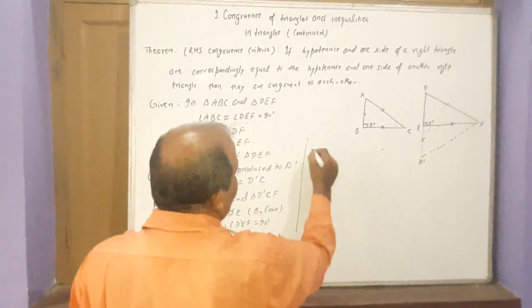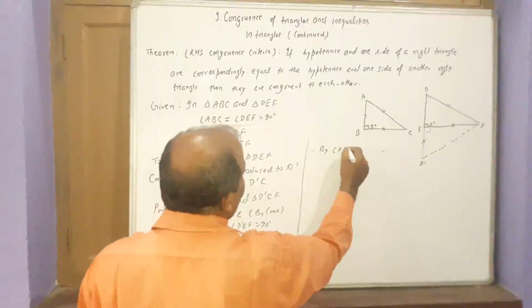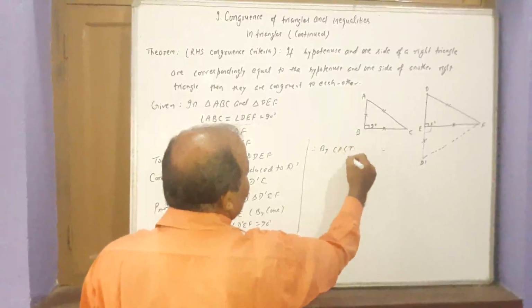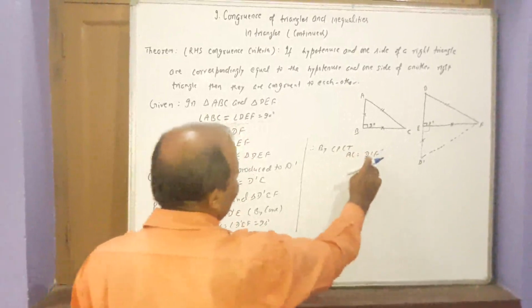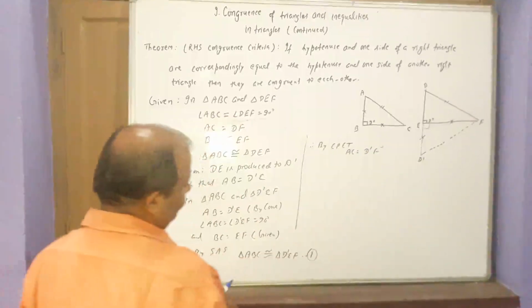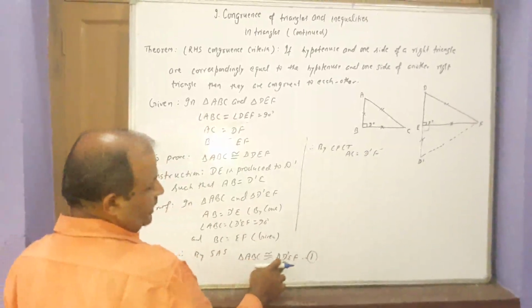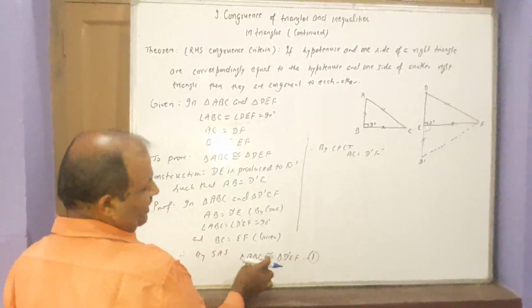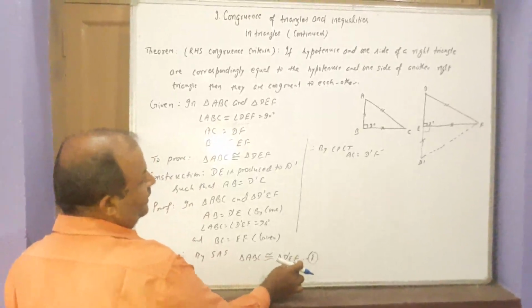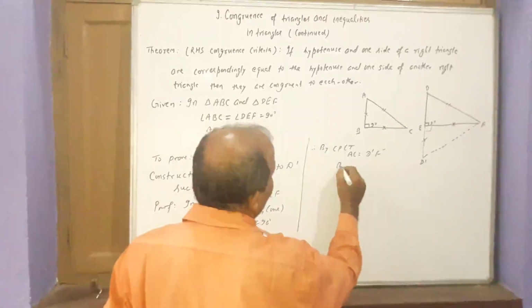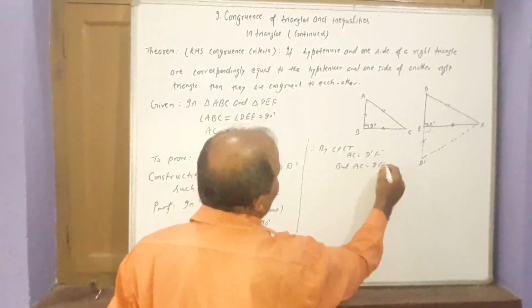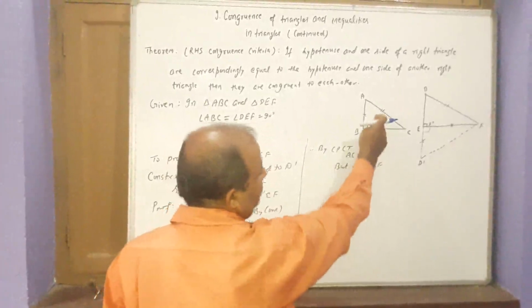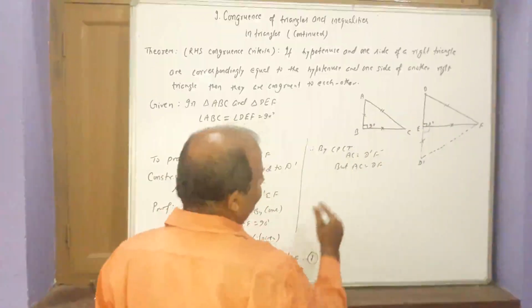Now, therefore by CPCT, AC will be equal to D dash F. See here, AC, D dash F. First and last, first and last. Next, but हमको दिया हुआ है AC is equal to DF. ये पहले से दिया हुआ है AC is equal to DF.